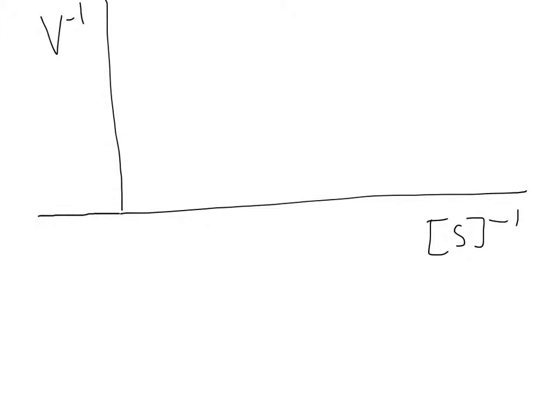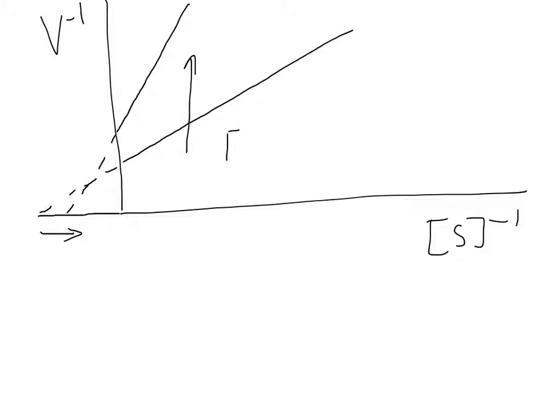And what we find is that, yes, the slope gets steeper, but in addition, the x-intercept moves towards the origin. The apparent Km value gets larger, therefore the inverse gets smaller. This is increasing enzyme inhibitor concentration.